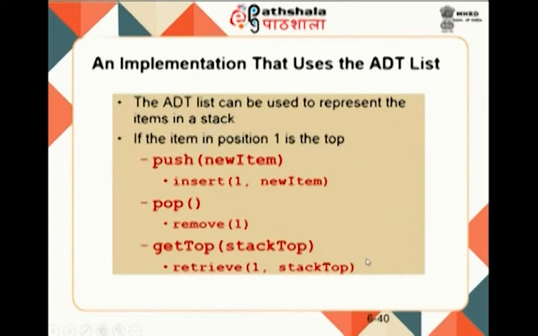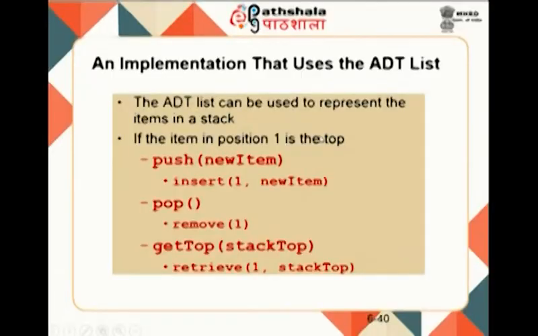Now, we go to using the ADT list. That is another way of implementing the stack. This is interesting because it is the first time we are using an ADT in an application. ADT list can be used to represent the items in a stack. If the first item, in position 1, is the top, then push is to insert the new item at position 1.